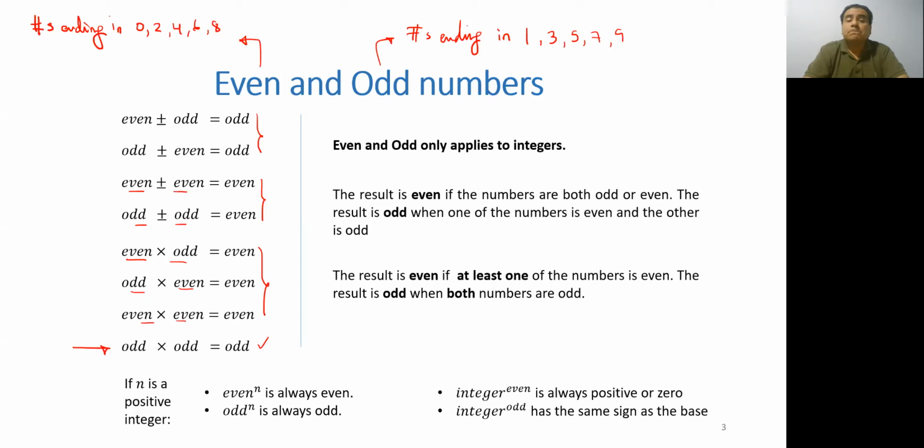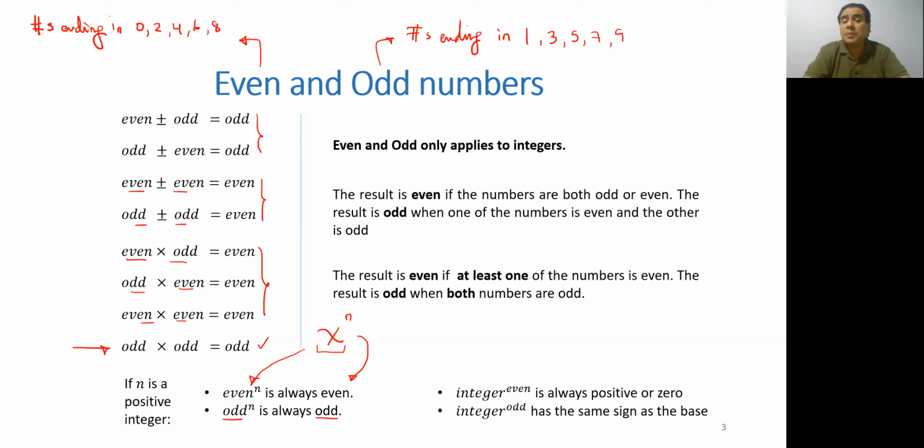Okay? What happens when you have powers? That is to say, a number like this, x to the n. What happens when the base of this power is even? If the base is even, then the result is an even number. But if the base is an odd number, the power of an odd number will always be odd.